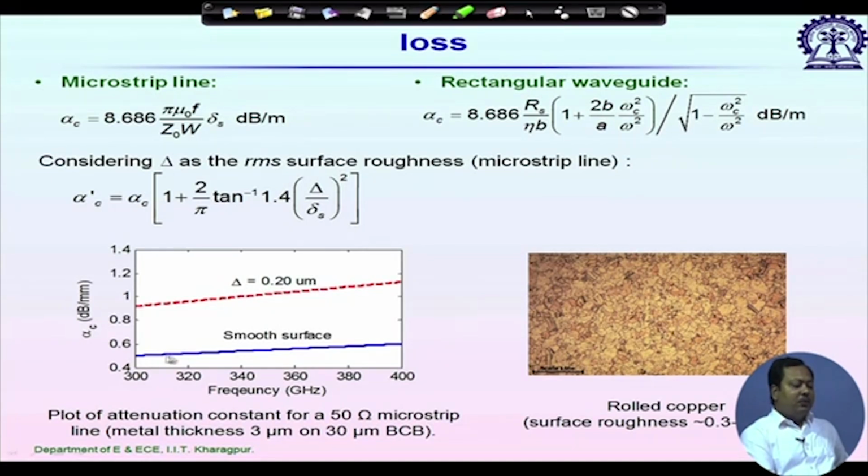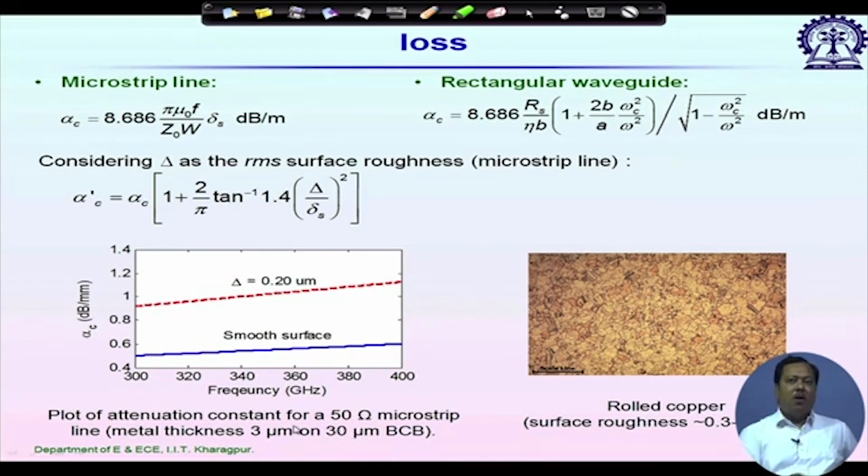Then if I consider a smooth surface according to this formula, the loss is roughly 0.5 to 0.6 dB per millimeter over 300 to 400 gigahertz, and it increases to 0.9 to 1.1 dB per millimeter if I consider a surface roughness of 0.20 micrometer. For this example, we are considering a BCB substrate and a 50 ohm microstrip line. The metal thickness is 3 micrometer and the dielectric thickness is 30 micrometer.